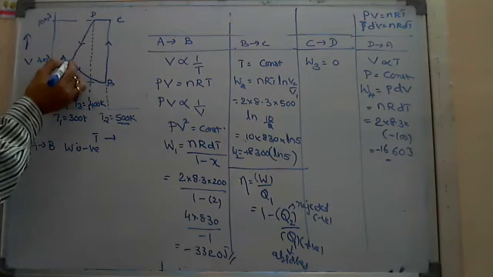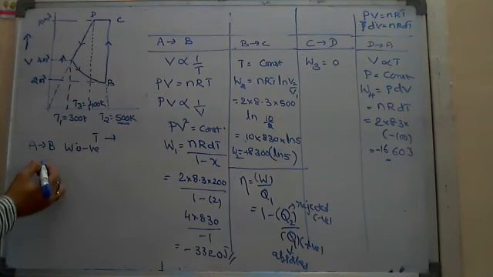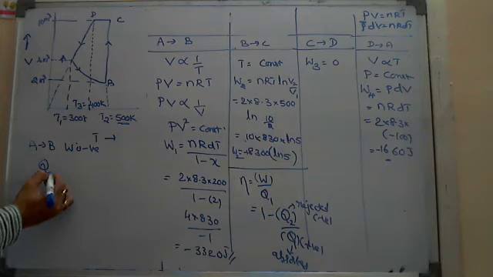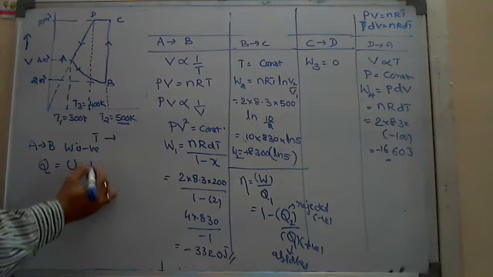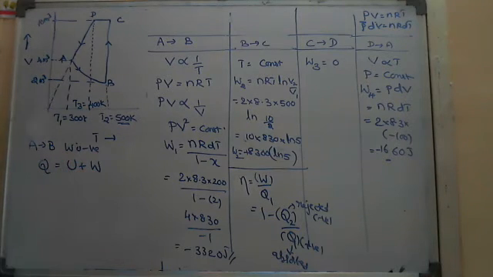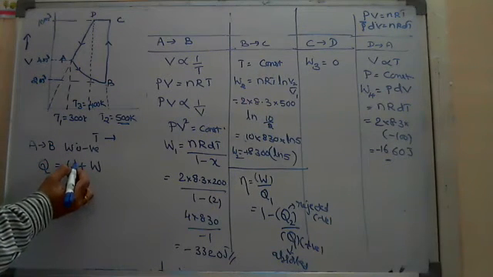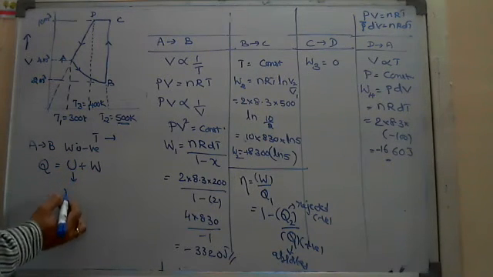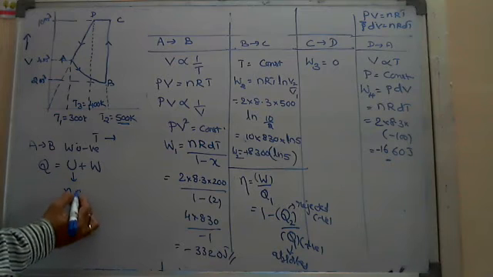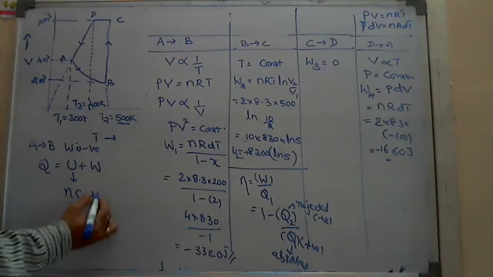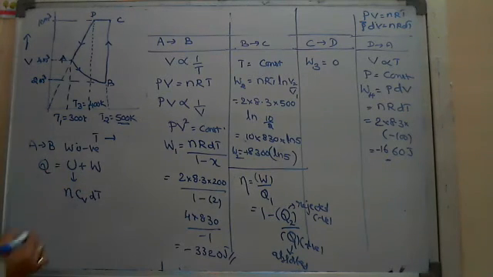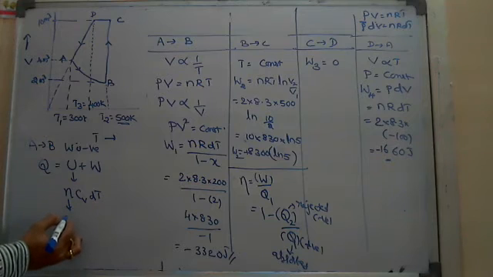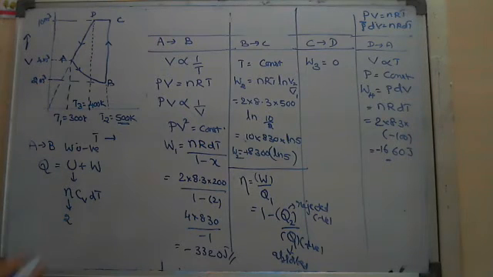Okay, and for A to B, to find out the amount of heat, I have to use the first law of thermodynamics. dQ is equal to dU plus dW. Okay. So the change in internal energy here, generally we write it using the formula nCv dT. That we can calculate now. n, in this problem he gave it is 2 moles.